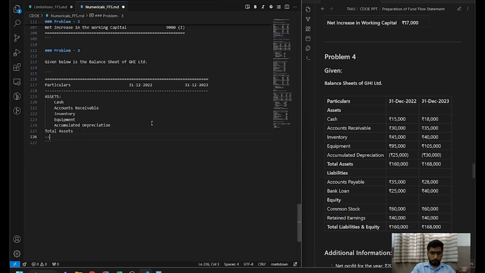Then the other head will be liabilities: accounts payable, bank loan, equity.